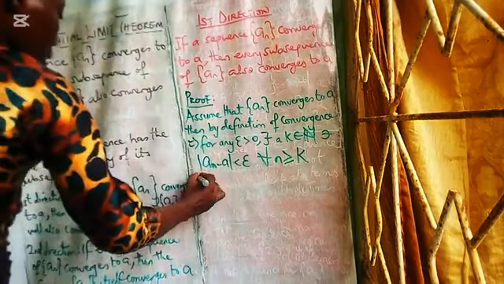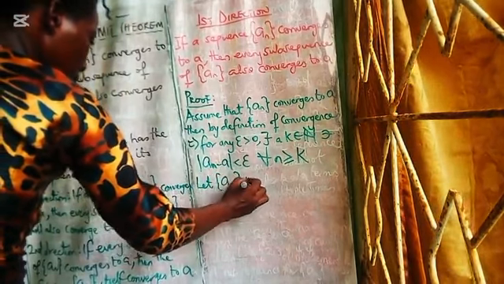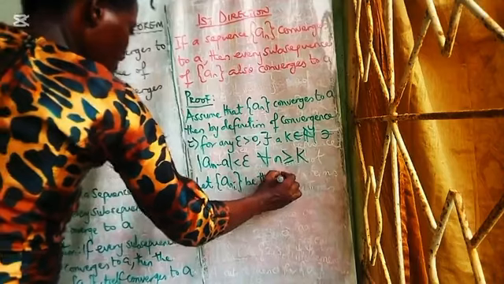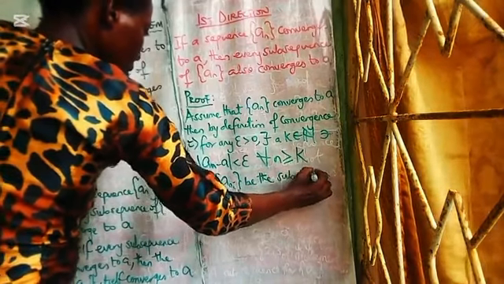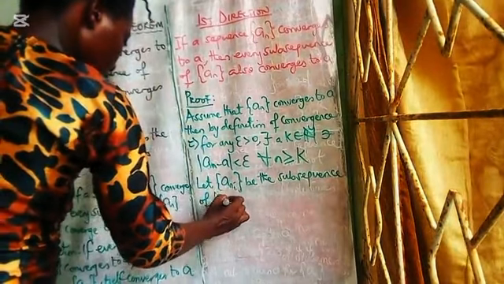Now let A sub ni be the subsequence of A sub n.